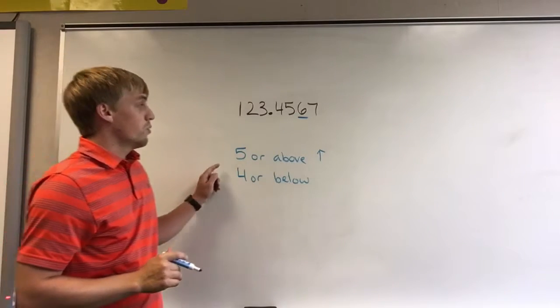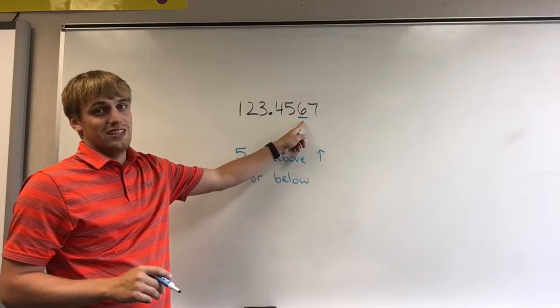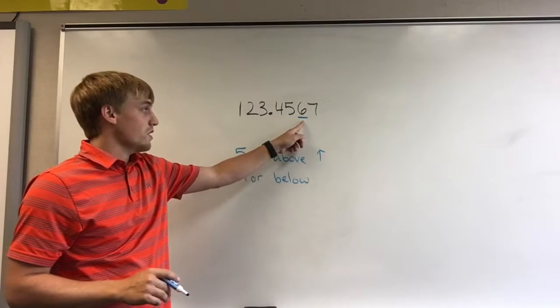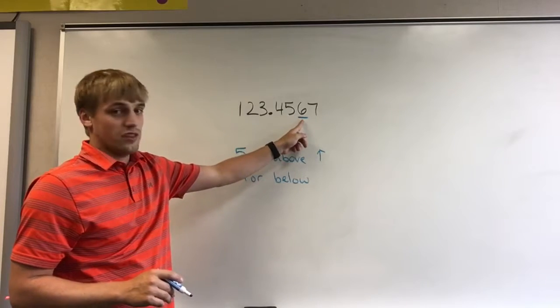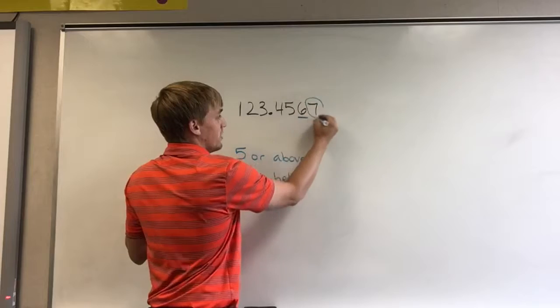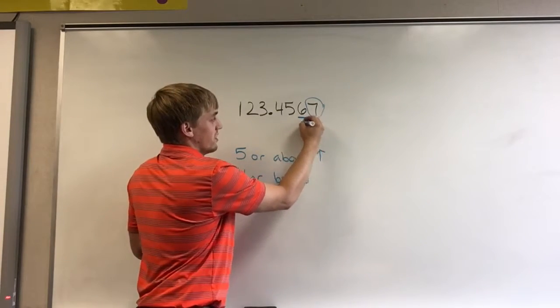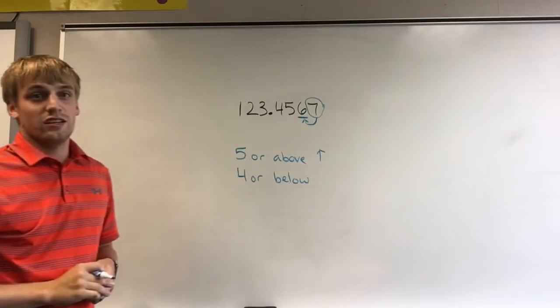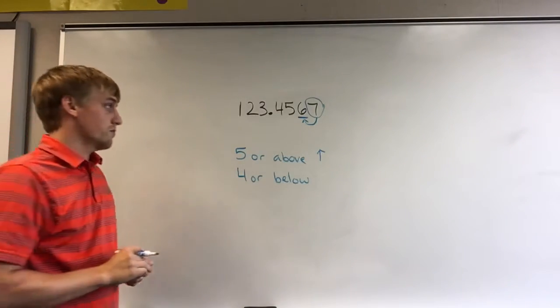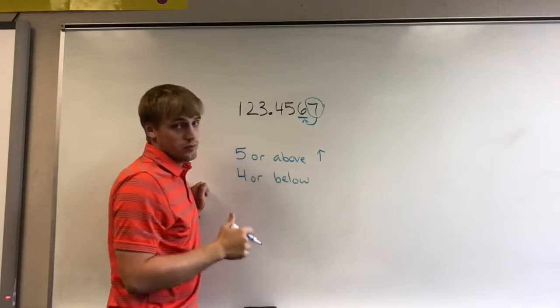Okay, so if we want to round to the thousandths place, which is the 6 in this case, tenths, hundredths, thousandths, we need to look at the number behind it. The number behind it is the 7 in the 10,000ths place. And this 7 is going to tell the 6 whether or not it goes up or stays the same. So in this case, the 7 is 5 or above, so it's going to go up.